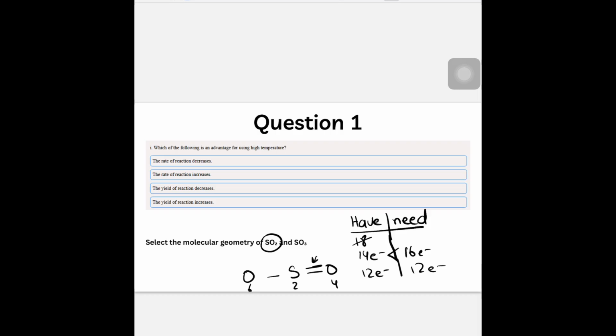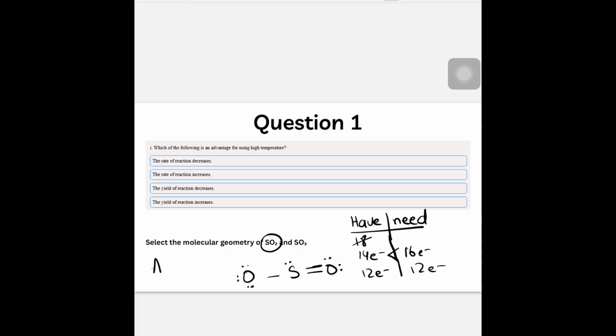to satisfy the octet. So I can now use the 12 electrons that I have and distribute them as lone pairs on the oxygen atoms and on the sulfur. So here I'm going to use 1, 2, 3, 4, 5, 6, 7, 8, 9, 10, 11, 12. And now I have the shape for SO2.